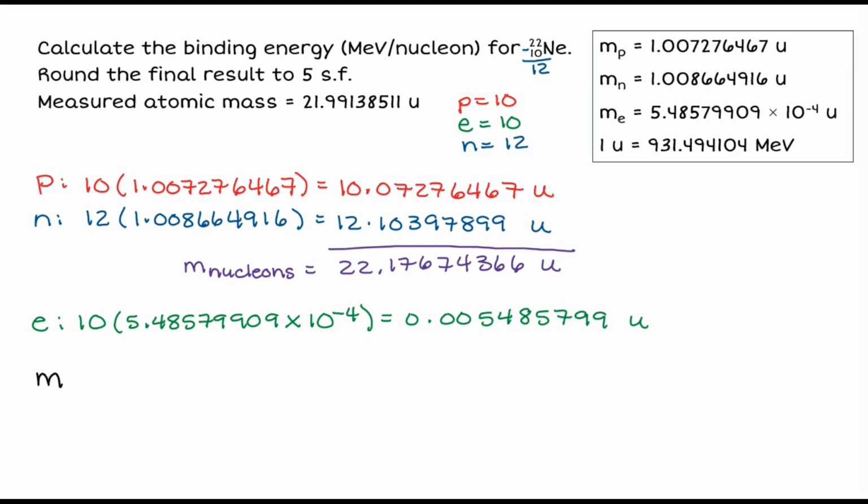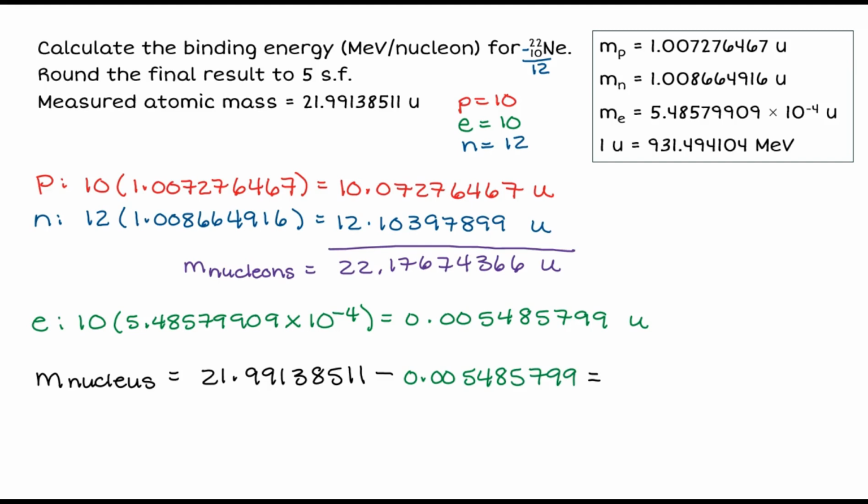So the mass of our nucleus will be the atomic mass given, 21.991385511, minus the mass of the electrons, 0.005485799.